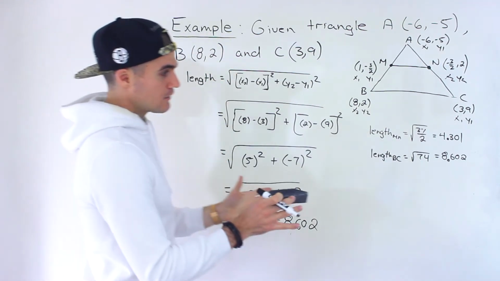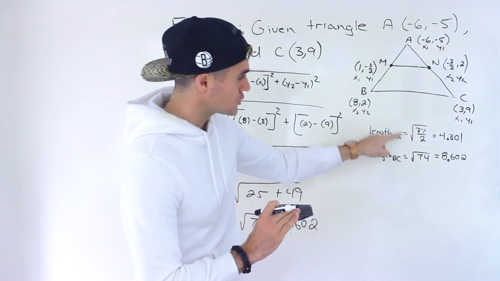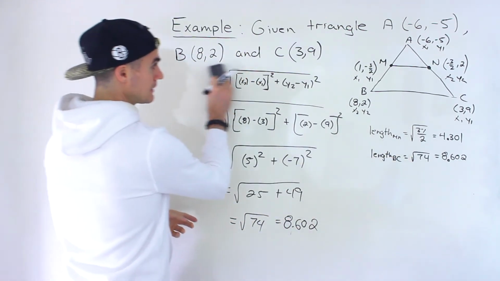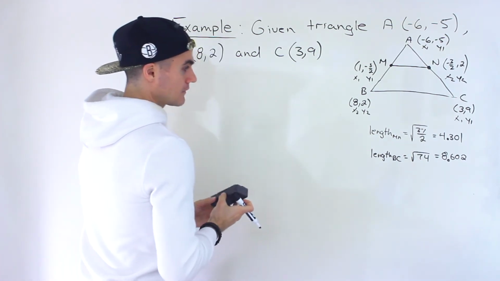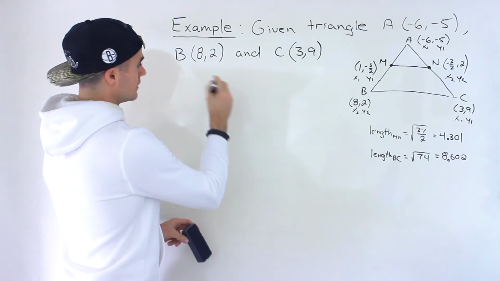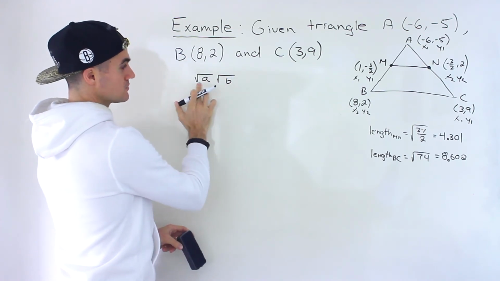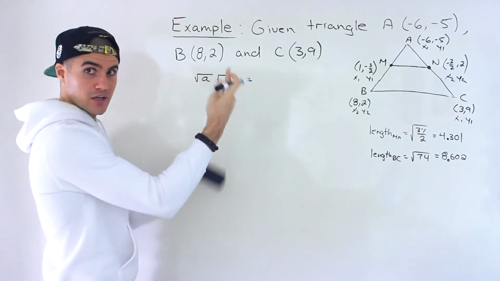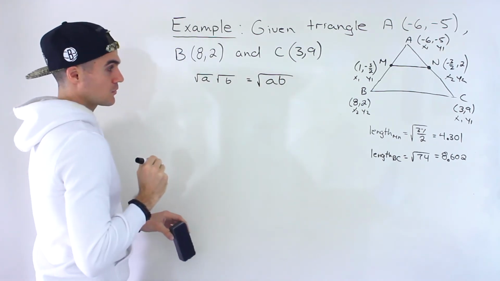But what if you're not allowed to use a calculator in your class, and you have to show with exact values that this is half of that? Well, then it's a little more tricky. What you have to remember is that to multiply two radical values, they both have to be under the square root, so this would end up being the square root of ab.